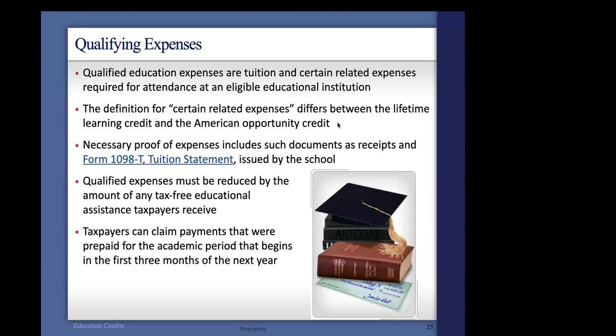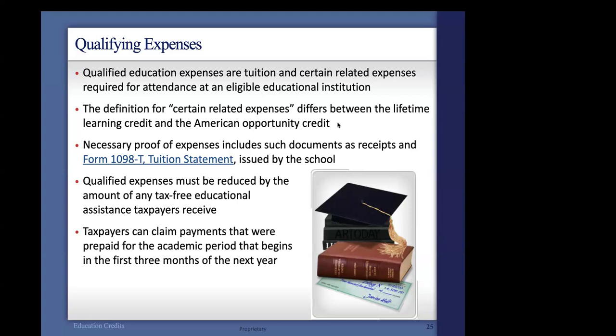And so while you can take most of those expenses that they paid for, some expenses do not qualify for the credit. Some expenses that do not qualify include room and board, insurance, medical expenses that may have been spent or paid, transportation costs for the student or themselves, or if they are the student, or any type of family expenses.